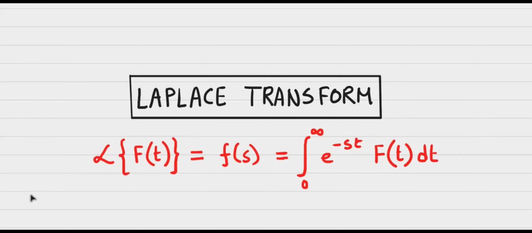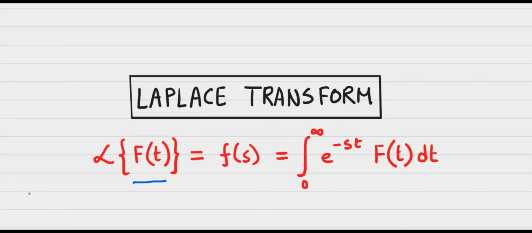So here we have a formula where we have this function f of t, which is in a space of variable t, the function capital F, and we're supposed to take its Laplace transformation.